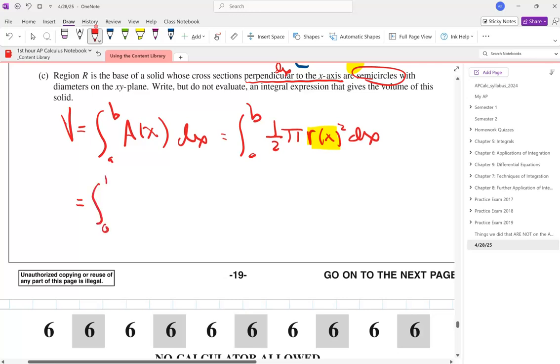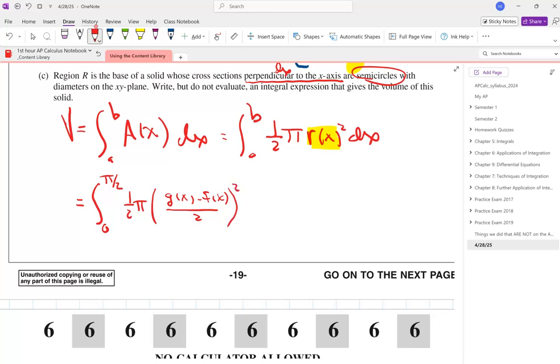Maybe you need the bounds of integration there also somewhere, but that should be sufficient.